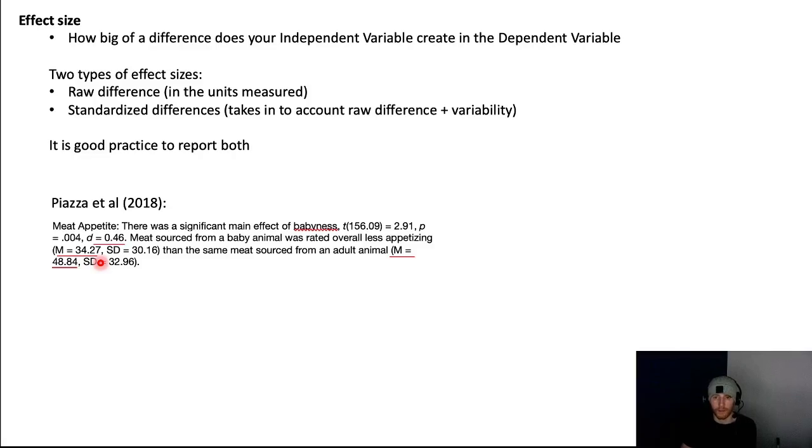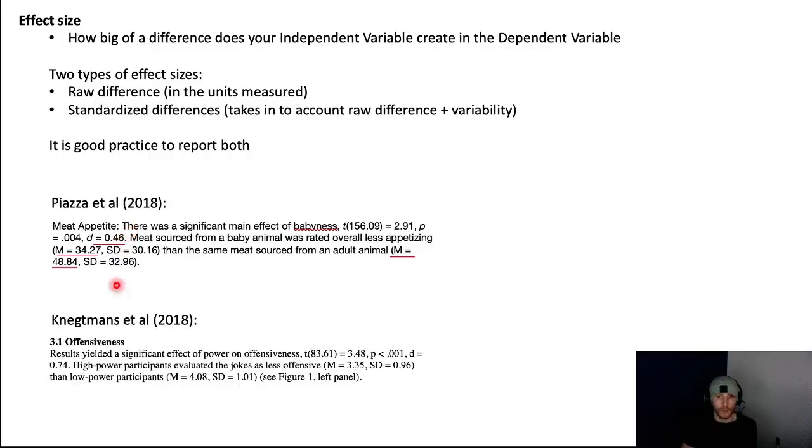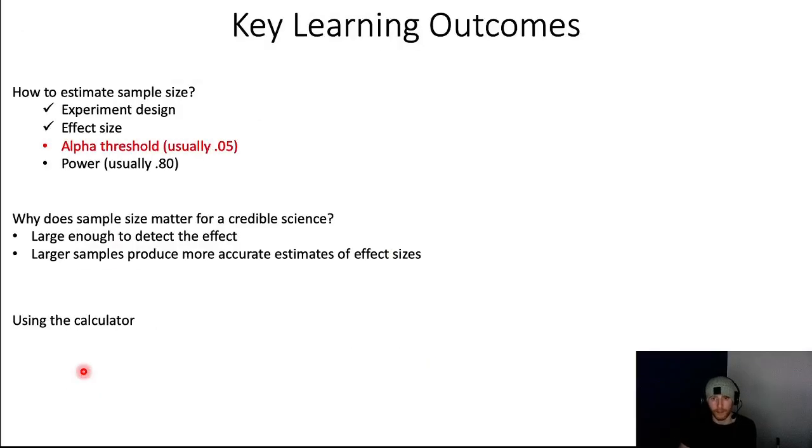And you can also see that they've calculated Cohen's d and reported it for you. Likewise, in the Neckman paper, the raw scores have been reported, and then they've also reported Cohen's d to give you an indication of how reliable an effect this is, how much overlap there is between the two groups. So that's the effect sizes.